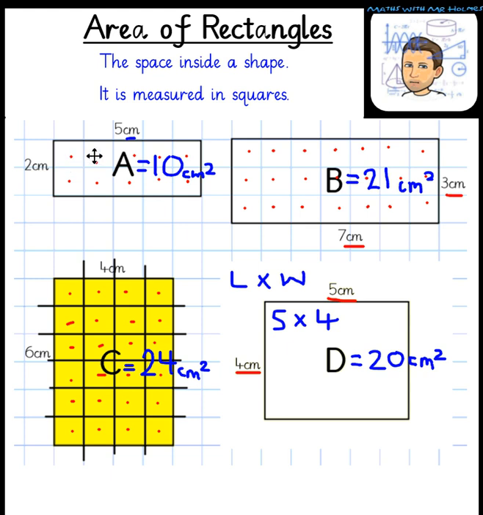Remember, we can count the squares inside the shape, we can count across in rows, we can count down in columns, we can draw the lines so that we can see each of the squares if it doesn't have any squares inside, or we can use that mathematical formula finding the area of rectangles, that is the length multiplied by the width, or the long side multiplied by the short side.